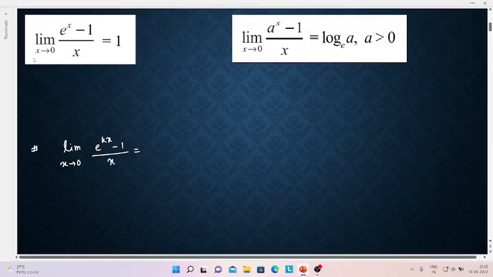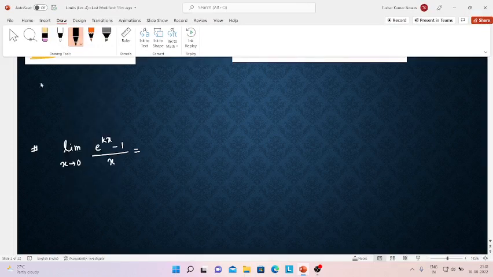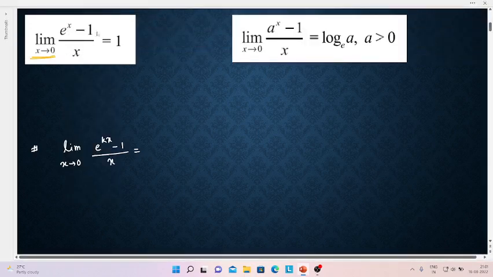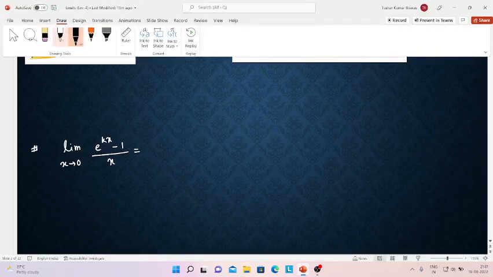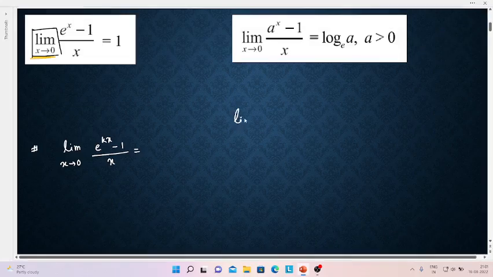One formula is limit x tending to 0, (e to the power x minus 1) upon x, is equal to 1. So what is the formula actually? Let me write down that particular thing: limit x tending to 0, (e to the power x minus 1) upon x equals what? 1.